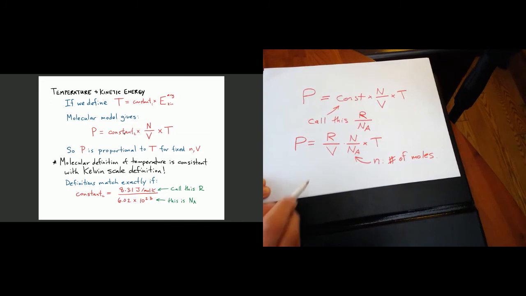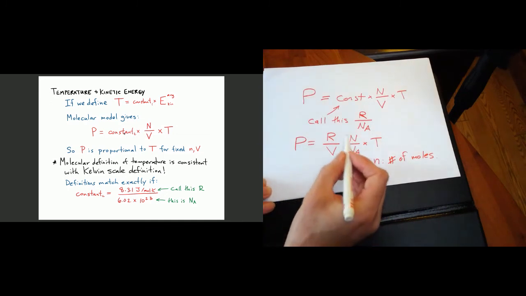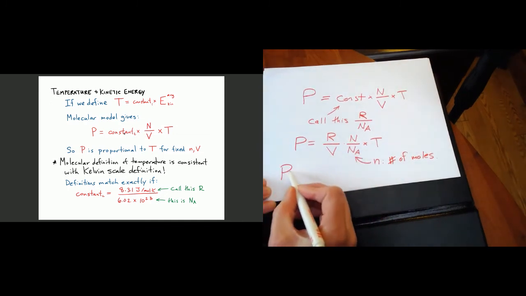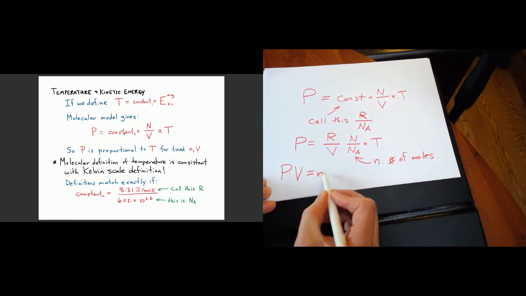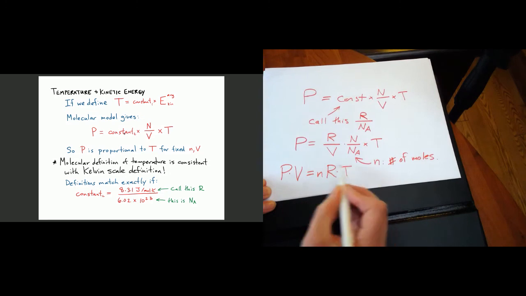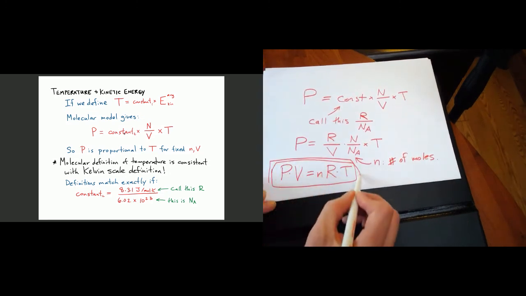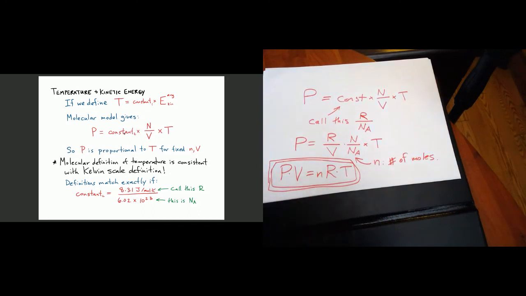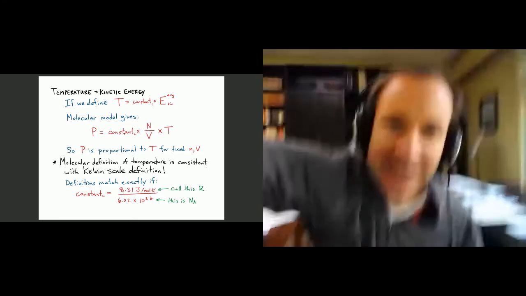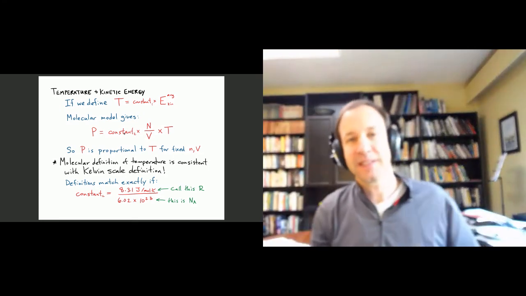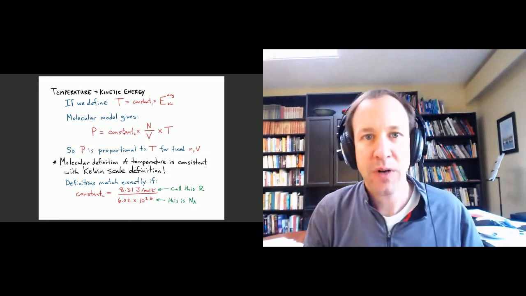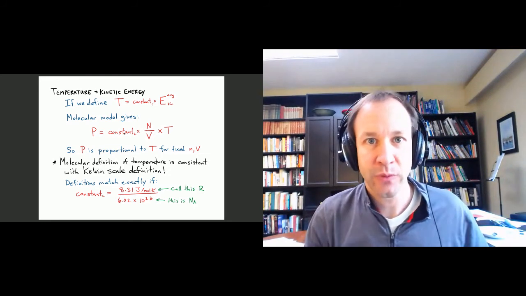Okay, and so finally, if we rearrange everything, what we find is that PV is equal to n, the number of moles, times R times T. And I think all of you have seen that many times in the past, probably in high school chemistry, maybe in high school physics. So probably all of you are quite familiar with this ideal gas law.